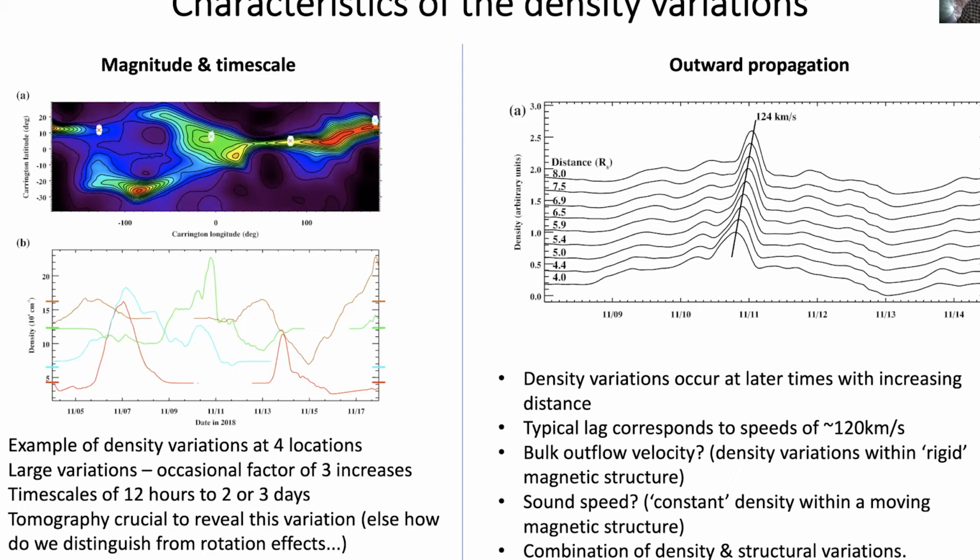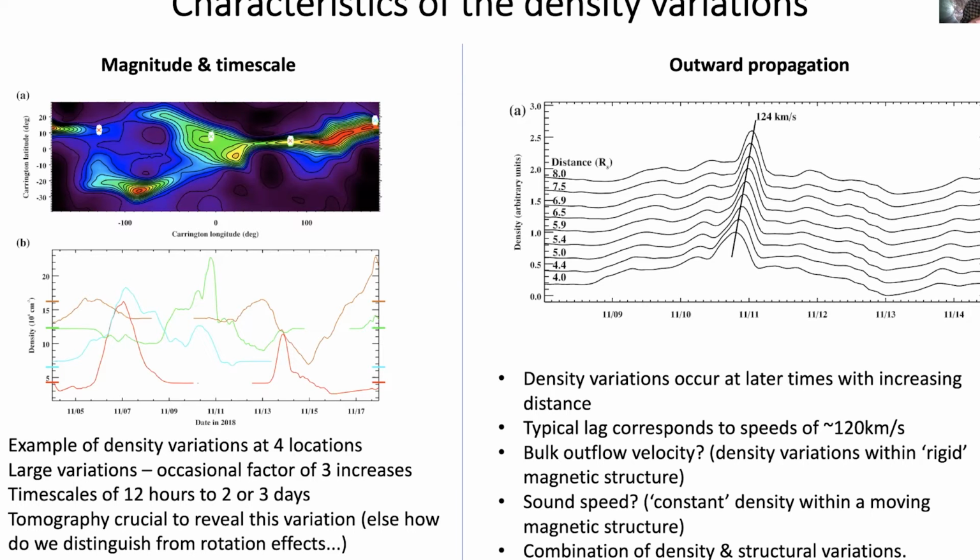Tomography is crucial to reveal this variation because, with coronagraph data, we can see small scale rapid changes, and we can also see slower changes in the coronal structure. But for anything on timescales between those 2 extremes, you can never be sure if it's a true density change or due to solar rotation and projection effects.